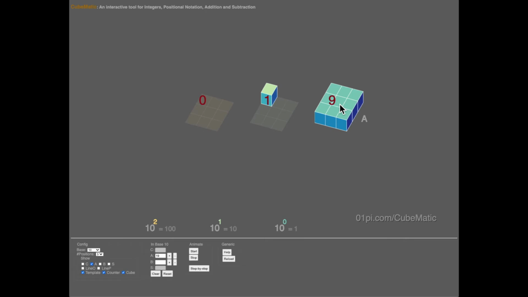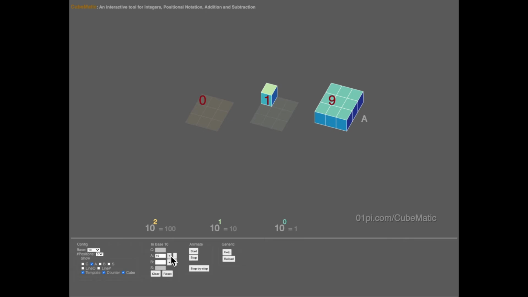Remember, in the positional number system, there is one rule. You are not allowed to go to the second floor. And for 10, I need to go 1 up, which is not allowed. So let's try to see what's going to happen.